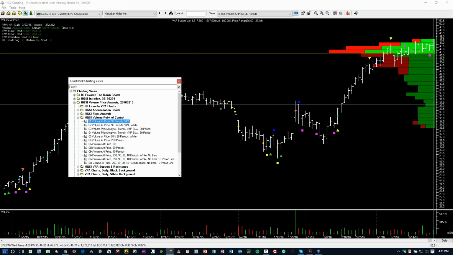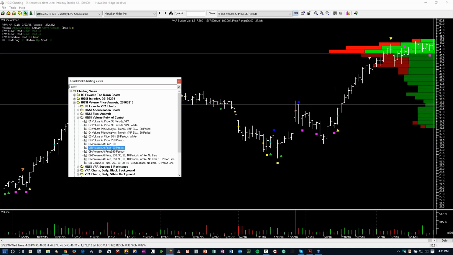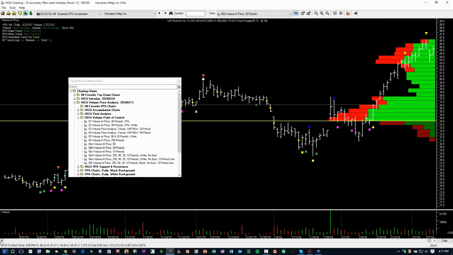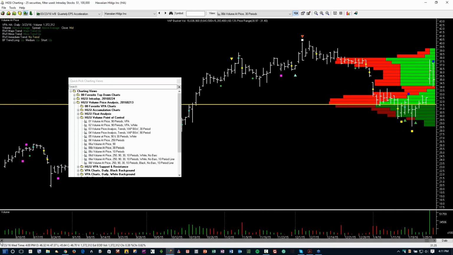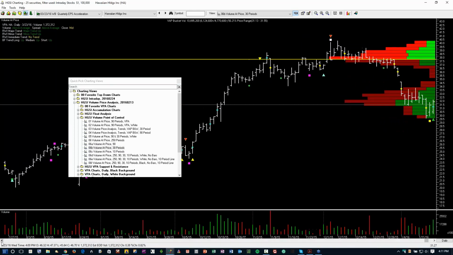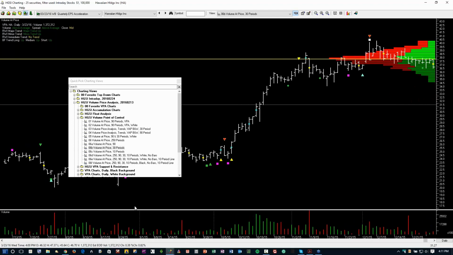Okay, now here's where we were, the 90. If we drop all the way down to a 30 period, obviously it's going to have a huge change. Now let's go back in time on this one, where it started falling off. Now this time period may be too short.